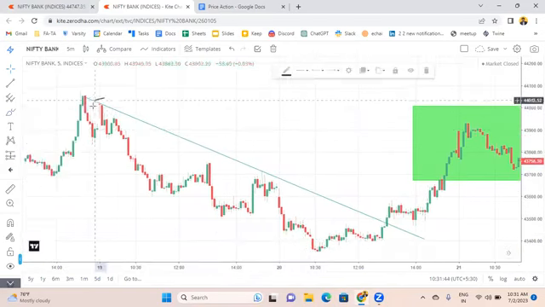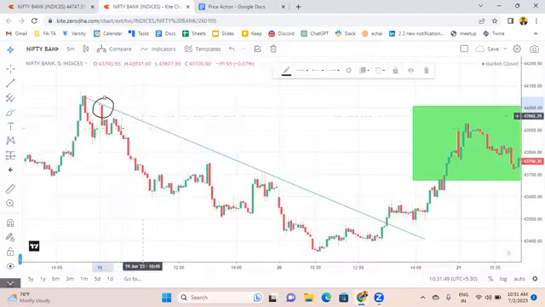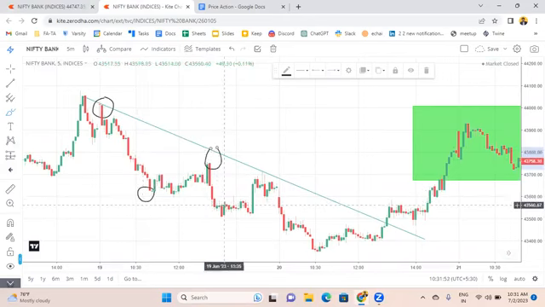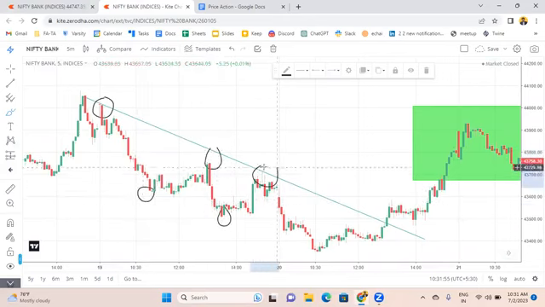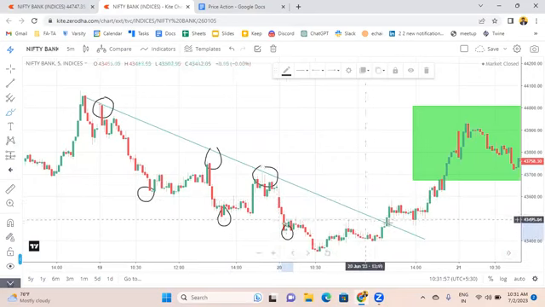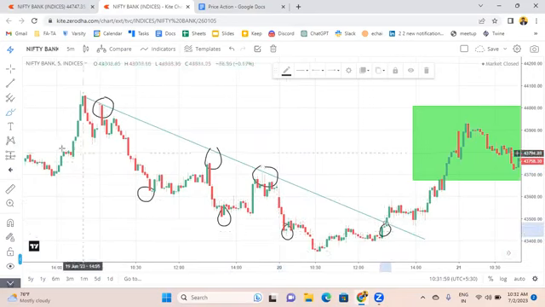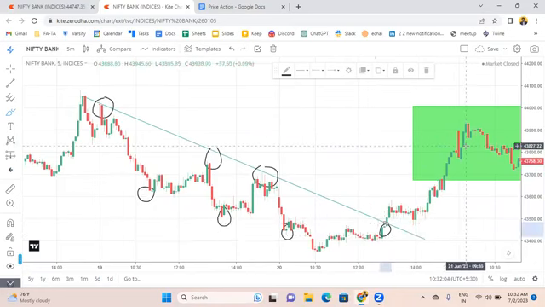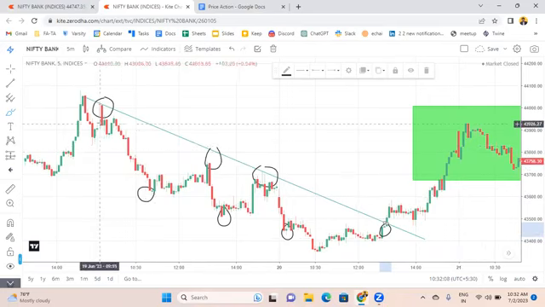Lower high, lower low, lower high, lower low, lower high, lower low, lower high. That's all. Once the trend line is broken, the market has moved to the accumulation zone, and obviously that's a different story. So this is the clear downtrend.